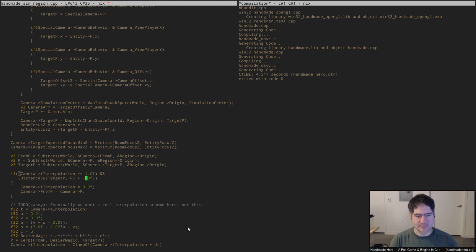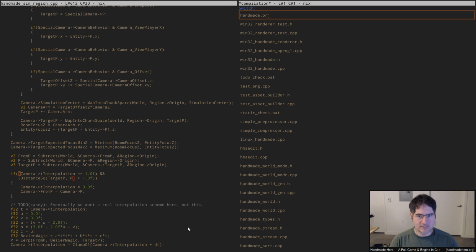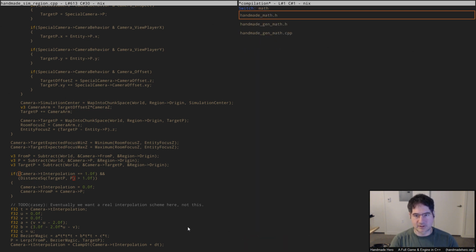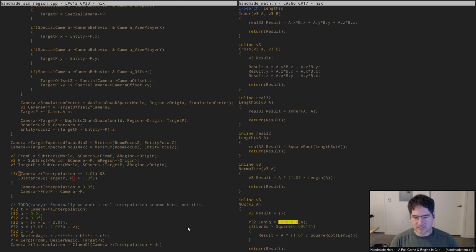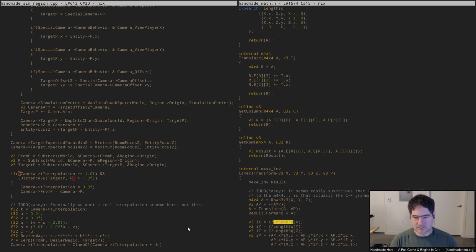Otherwise, we just snap. You know what I mean? Then we don't really need the in-room. I don't know if we've got a distance between. It doesn't look like it. So we can just say length squared of the vector in between.